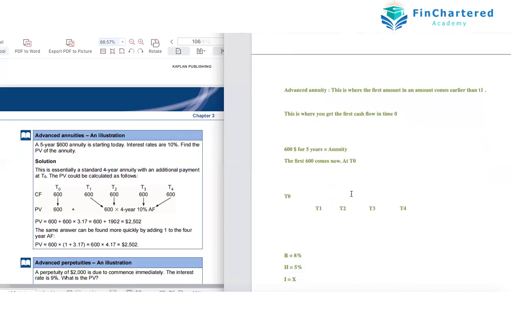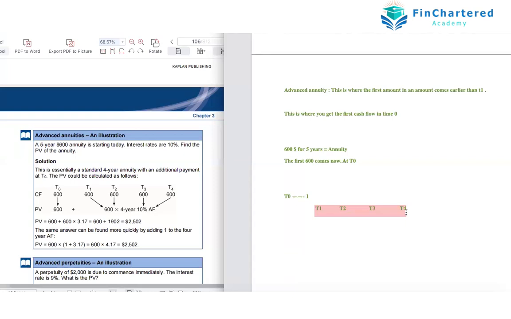Now for time zero, this is money that you got today. And we've seen that the discount factor for any amount that is received today is always 1.